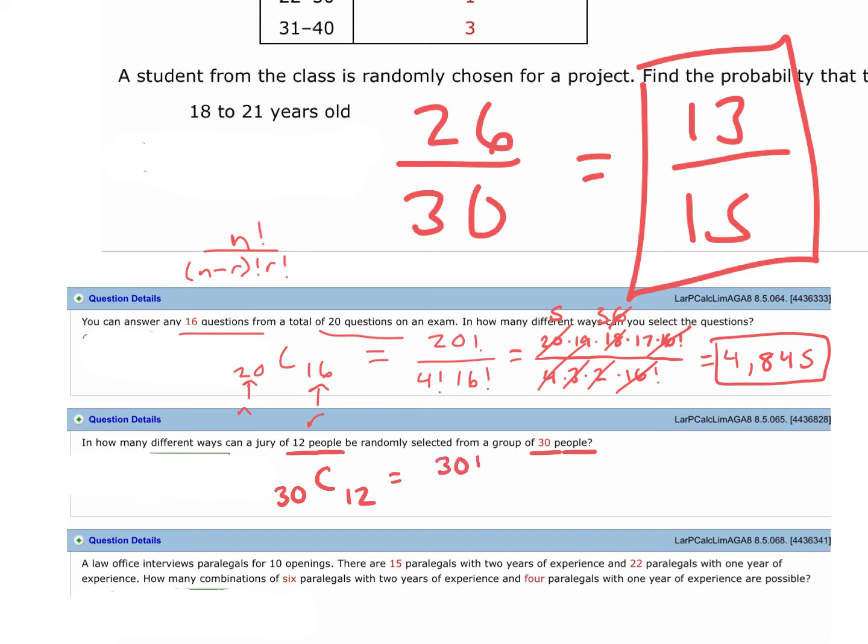We have 30 factorial on top over 18 factorial, since n minus r would be 18, times 12 factorial. So we'll multiply this all out and we get 86,493,225.